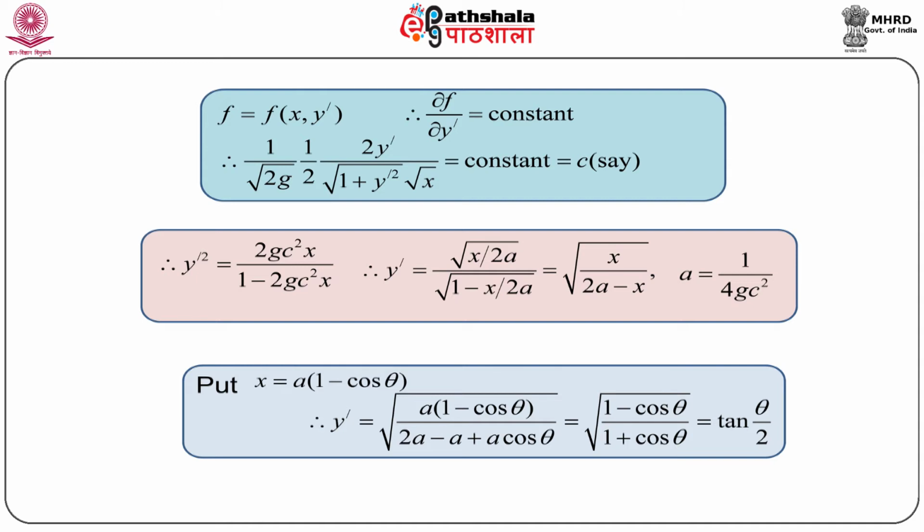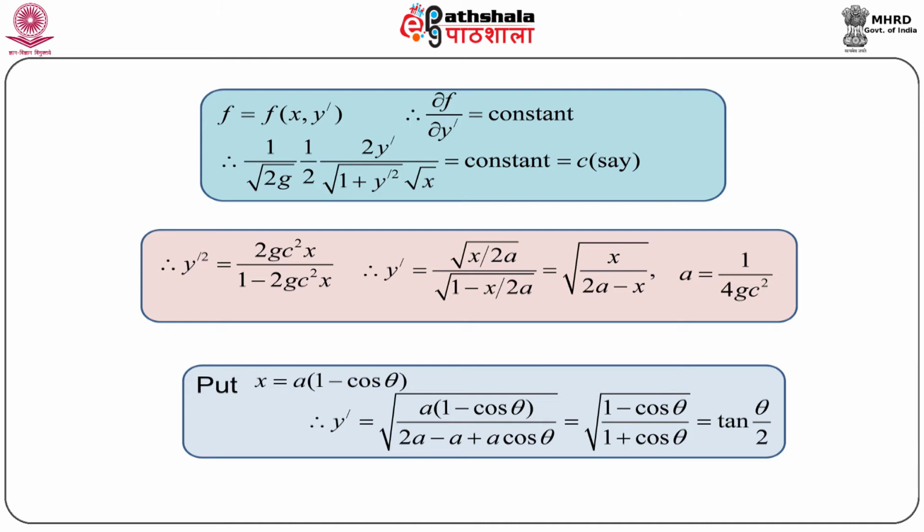Then we get y dash equal to this one, divided by this one. On simplification, this becomes this. Using the formulae for this and this, on simplification this becomes tan of theta by 2.